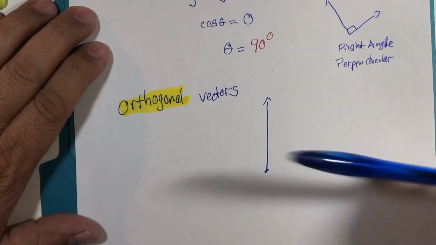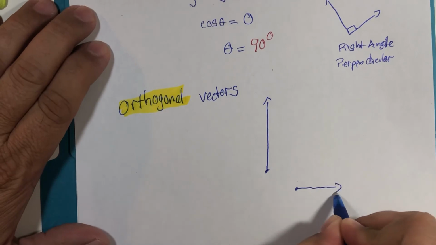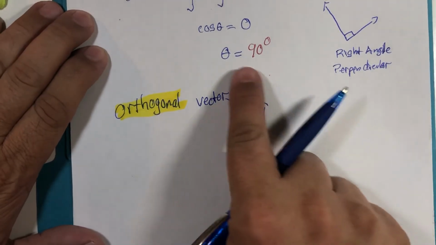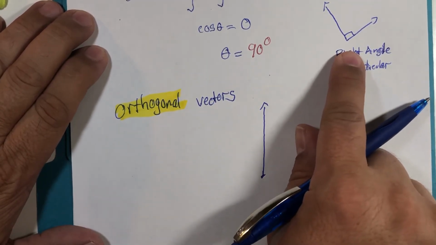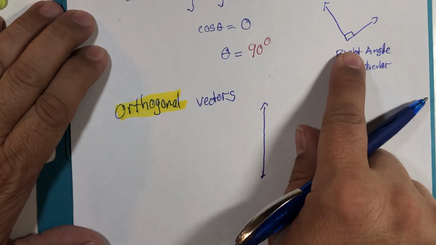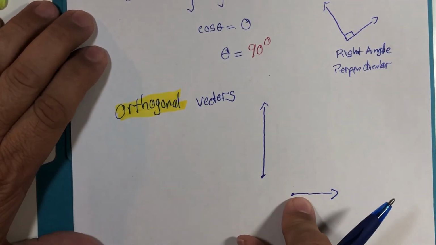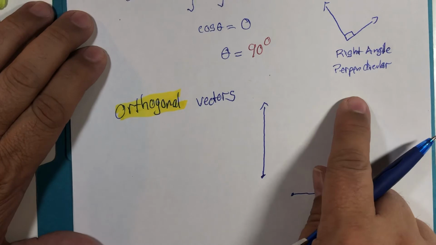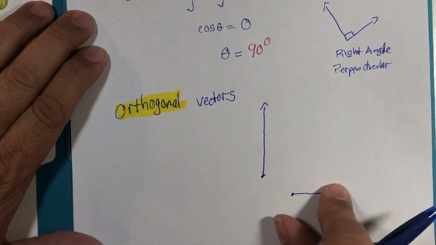But what if I drew this vector? These words here all imply some sort of connectedness, things that are touching. Vectors don't have location, and so the word orthogonal describes that if they were touching, they'd be perpendicular. You'd have an angle of 90 degrees, but they may not be touching.